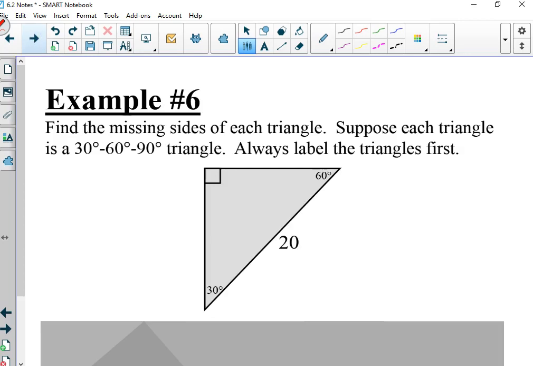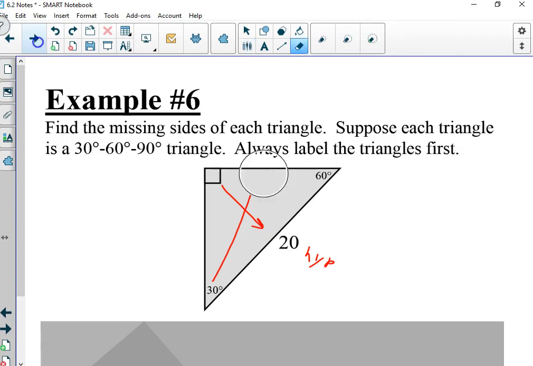Example 6. Ooh, this one's turned around. That's our hypotenuse. That's why we draw these arrows. There is our long leg. Sorry, I'm distracted with the 60. That's our short leg. And this is our long leg.